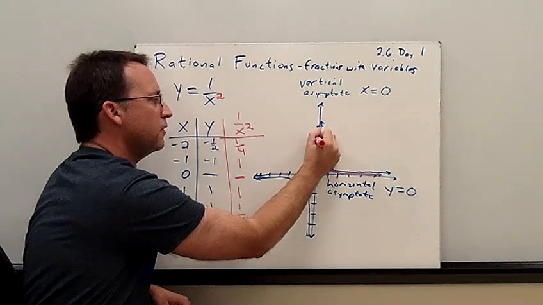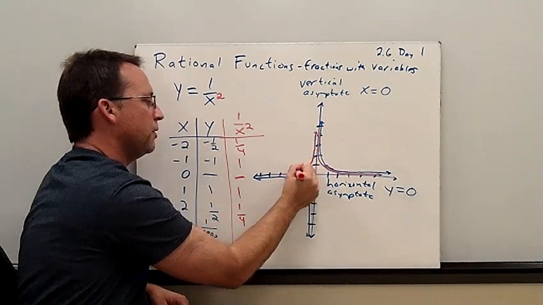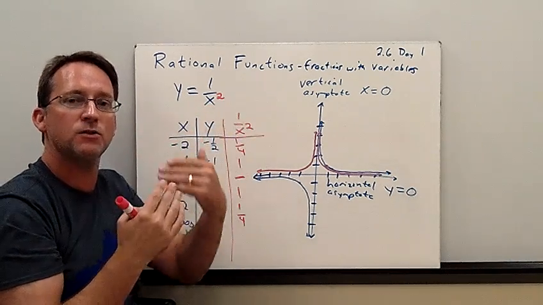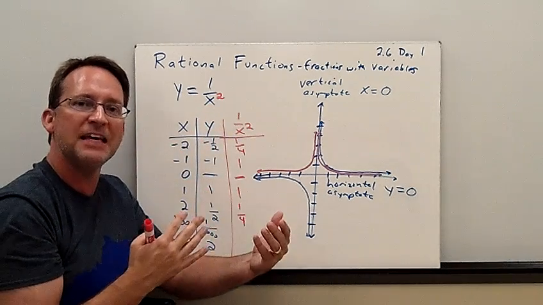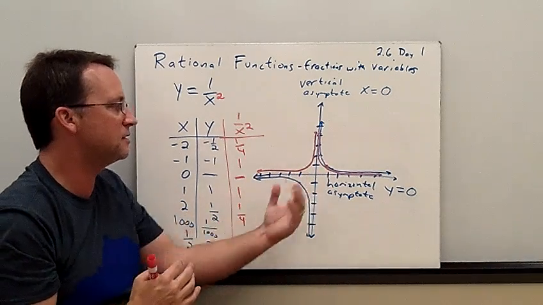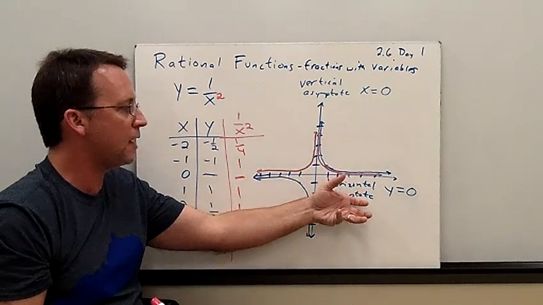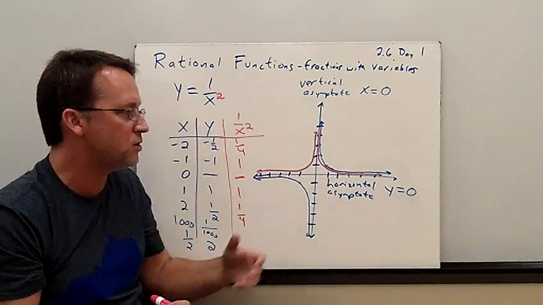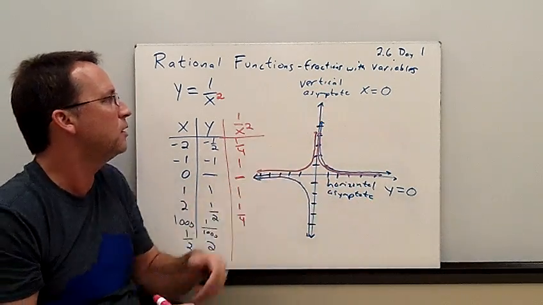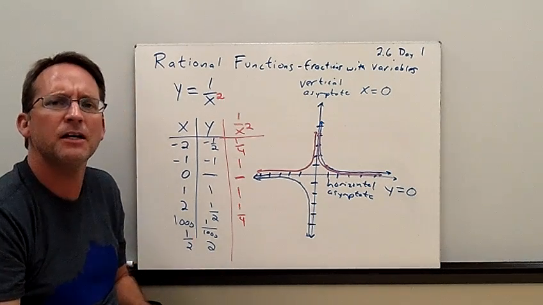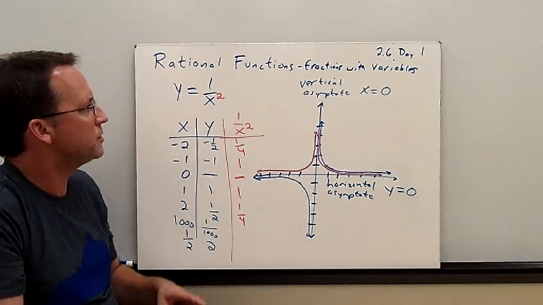We'll have an even function this time. If you replace x with negative x here, negative x squared, it's right back to 1 over x squared. So you have an even function. There's y-axis symmetry on our graph. So both of the asymptotes there would have the same equations. y equals 0 for the horizontal, x equals 0 for the vertical.